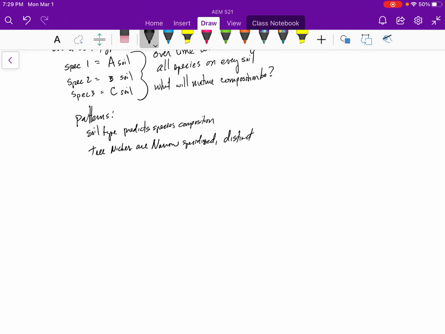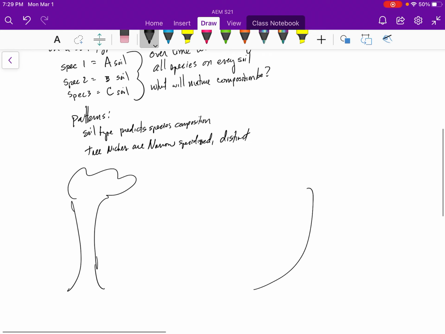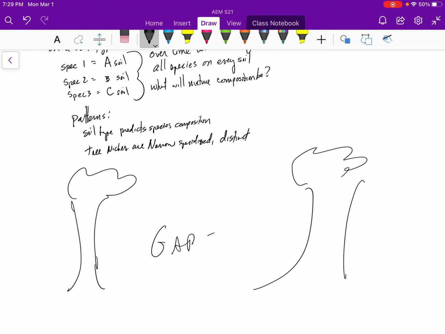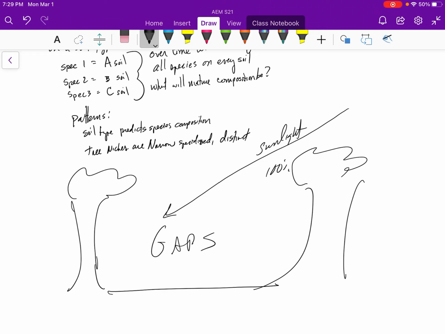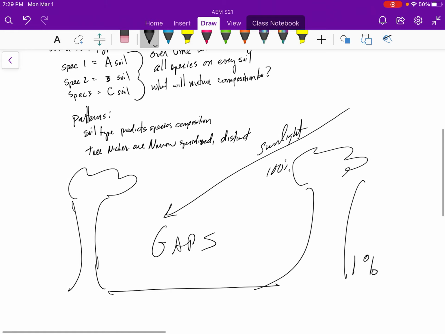And we've talked about soils, you could talk about nutrients, but one way that has come up in our structure of tropical forest is the idea that there may be gaps in the forest, and it may be that lots of sunlight can come into the gap, and that sunlight is 100% at the top of the forest. It's 1% at the bottom of the forest, and in the gap, it's lots of sunlight here.